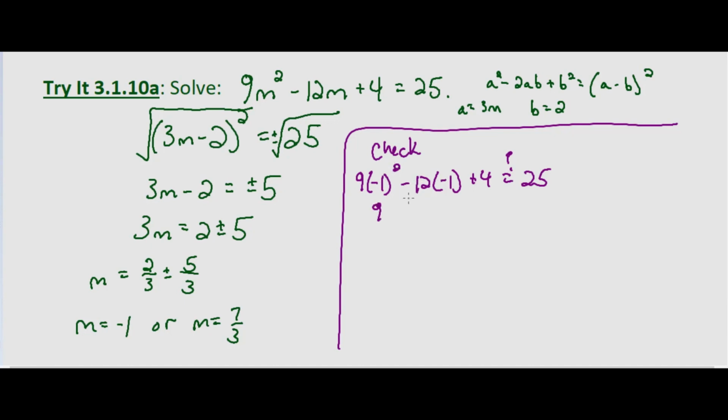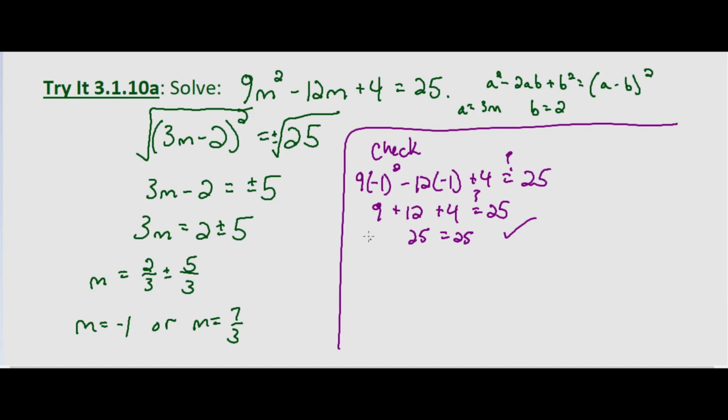Minus 12 times negative 1: 12 times negative 1 is negative 12, minus a negative becomes a positive, plus 12. Plus 4, does that equal 25? 9 plus 12 is 21, plus 4 is 25. Either way, 25 equals 25, so that solution checks.